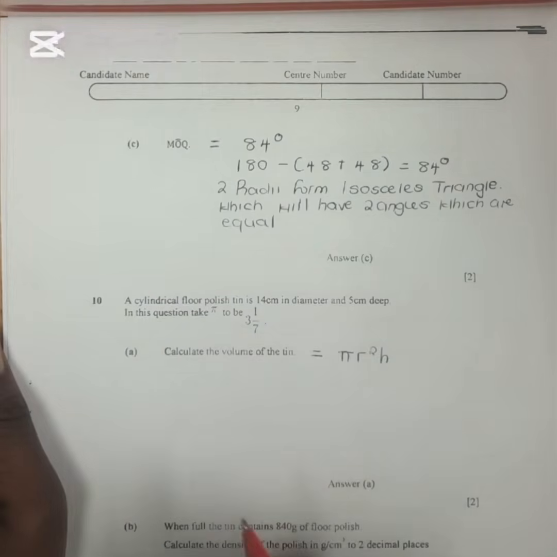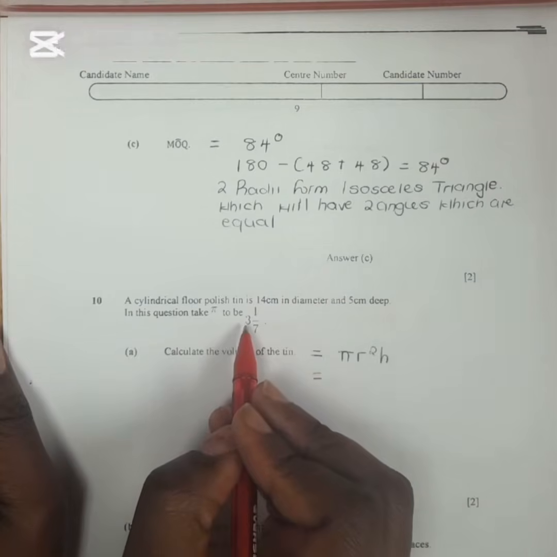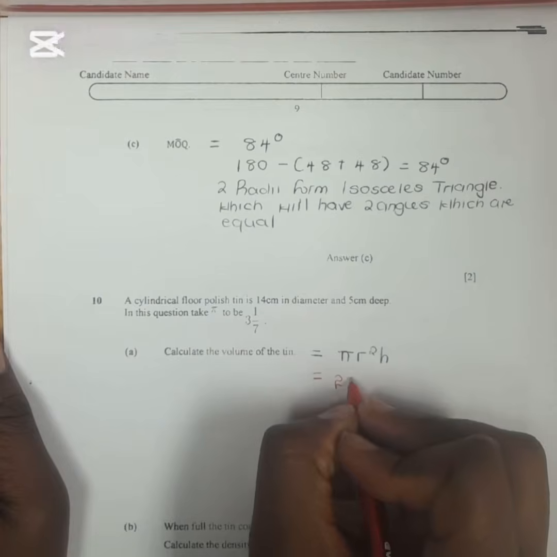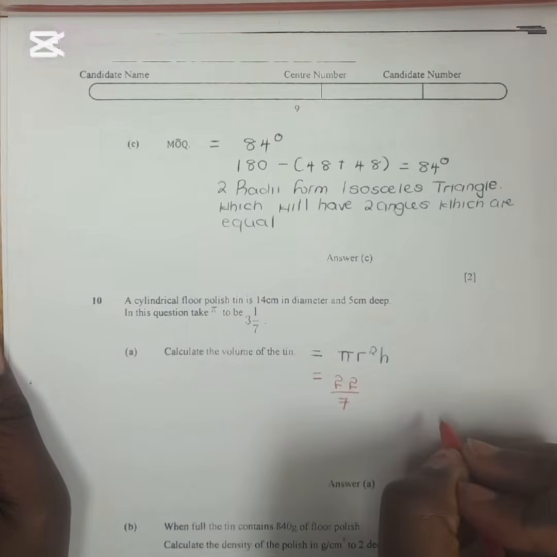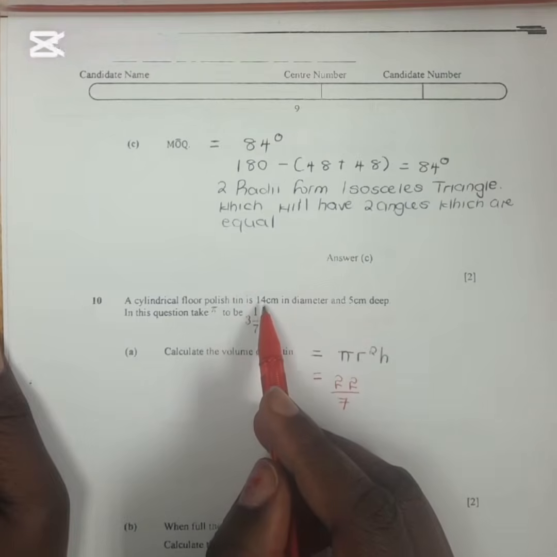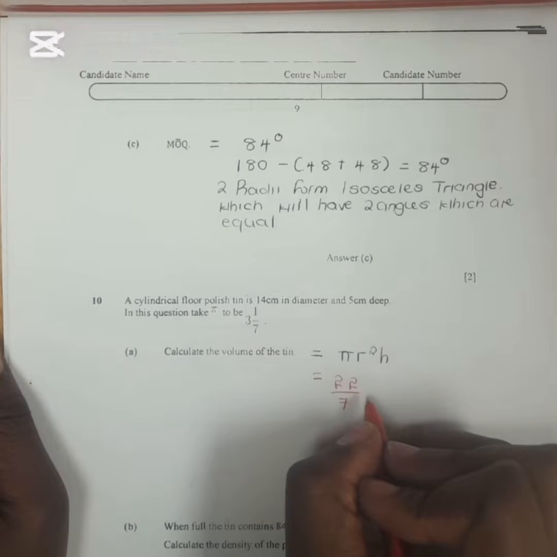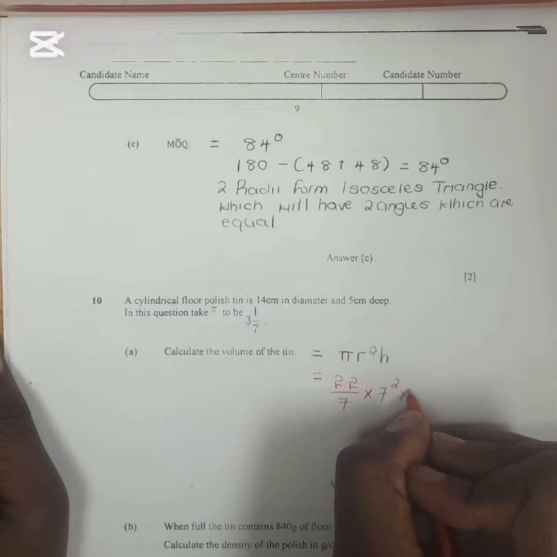So on our pi, we are going to substitute 3 times 7 is 21. 21 plus 1, it is going to be 22/7. And then the radius. Here we are given diameter is 14 centimeters. So the radius is going to be 7 centimeters. So we are going to say 7 squared here times height.